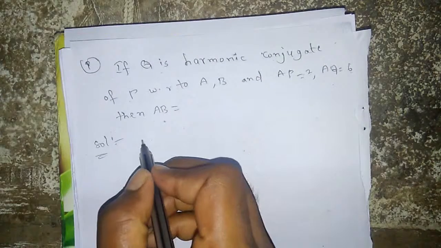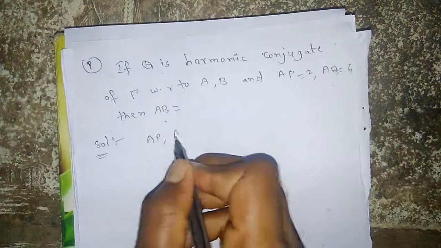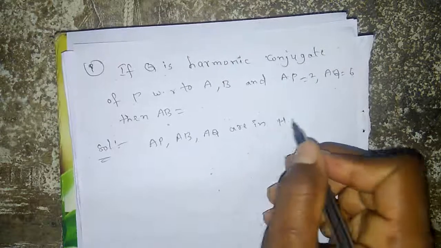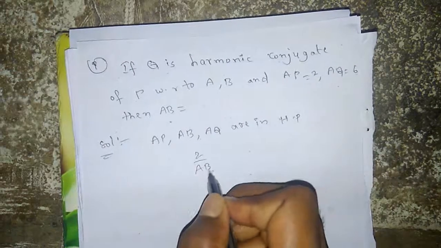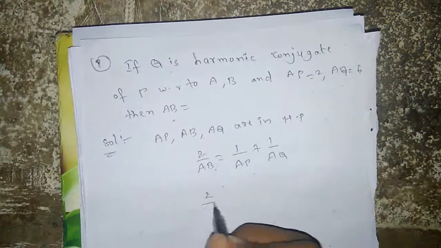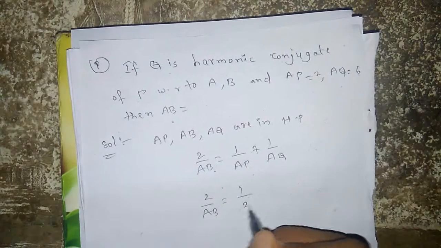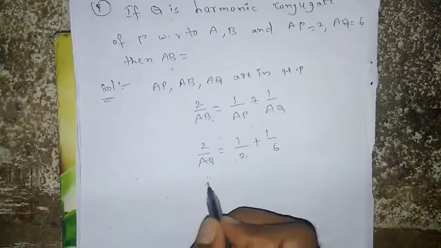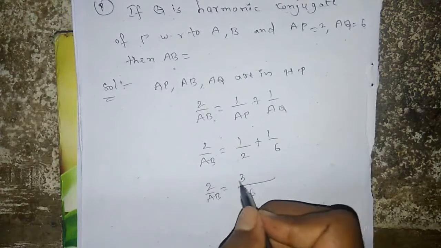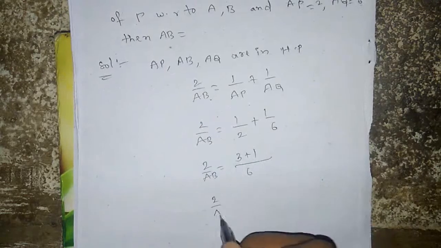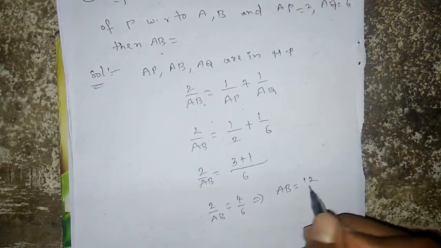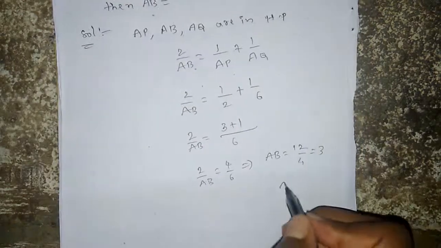Here AP, AB, AQ are in harmonic progression. That is 2 by AB is equal to 1 by AP plus 1 by AQ. That is 2 by AB is equal to 1 by 2 plus 1 by 6. Take LCM, this is 6: 3 plus 1. So 2 by AB is equal to 4 by 6, which implies AB is equal to 12 by 4, that is equal to 3. AB length is 3.